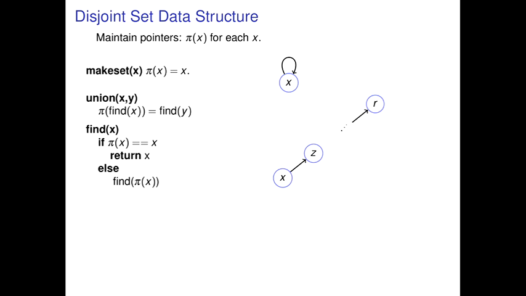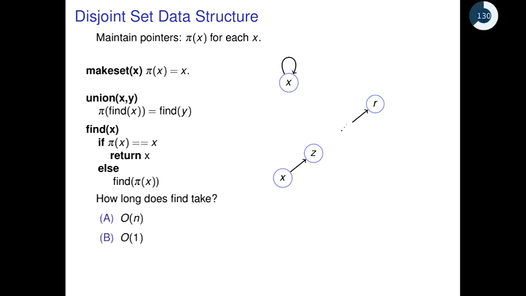For anything along this path, what will they return? They'll return R. So two nodes in the same pointer structure will return the same name. That's what you want find to do. For things that are the same in some way, you want them to return the same name. We don't care what the name is as long as it's the same.